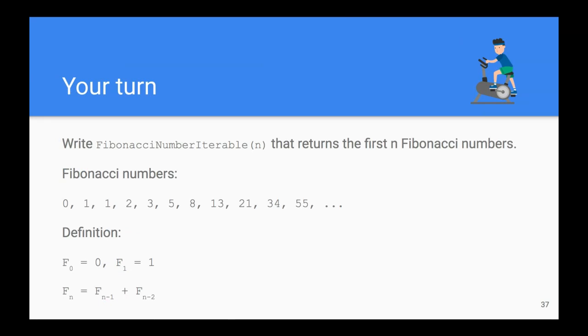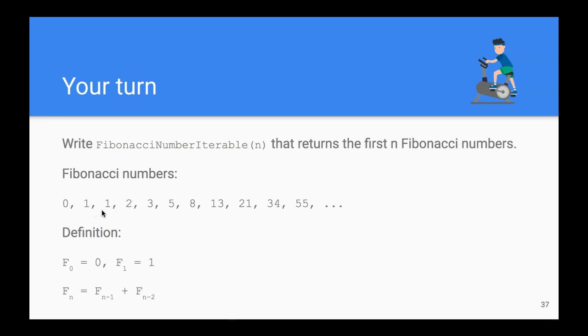This one is slightly more involved. So write a Fibonacci number iterable that, given an n, returns the first n Fibonacci numbers. And if you don't remember what Fibonacci numbers are, they're these numbers: 0, 1, 1, 2, and the way that it is generated is each number is the sum of the two numbers before it.